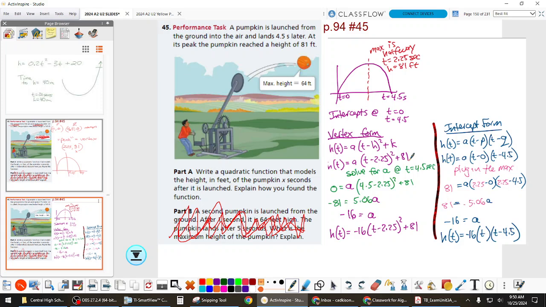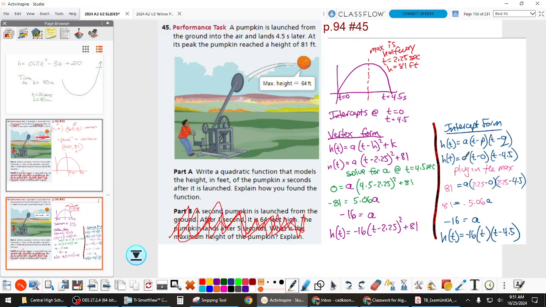Guys, look at this example. This is what we're going to talk about for about 15 minutes today, and then you can review. Intercept form, you can do the exact same thing. So I plugged into intercept form, P and Q, plug in 0 and 4.5. Those are our 2 times it's on the ground, with A out front. And just like we did here, where I plugged in the point, I still need to do that here.